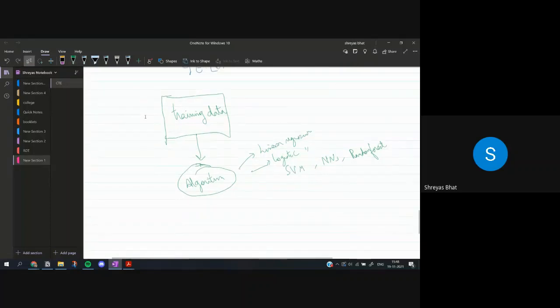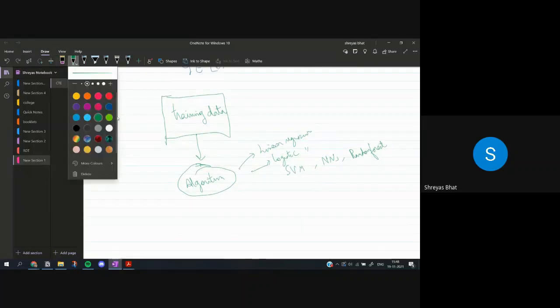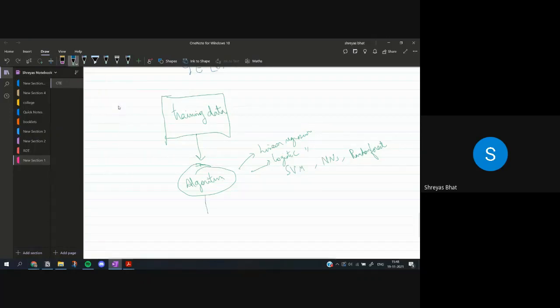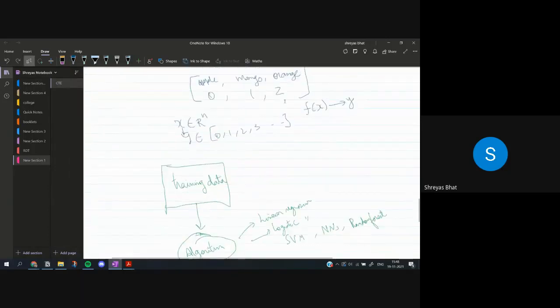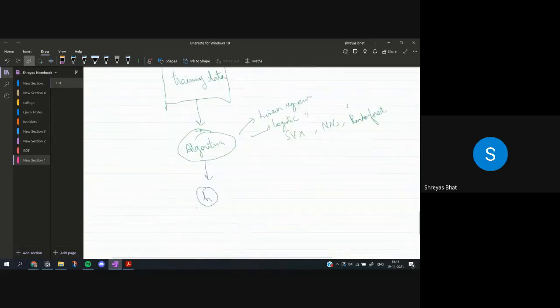And according to the algorithm, we get a hypothesis function. This is basically this function we've looked at before. So what we pass through the hypothesis function is some unseen data.